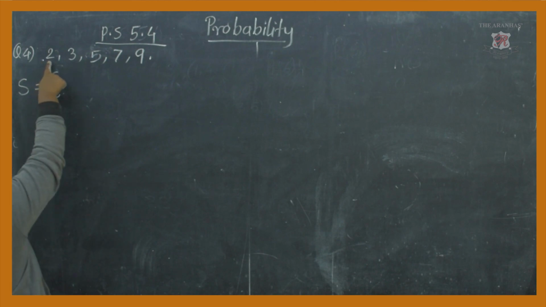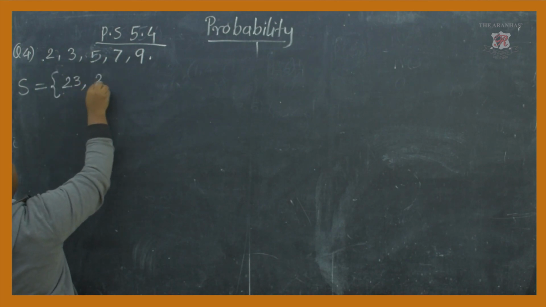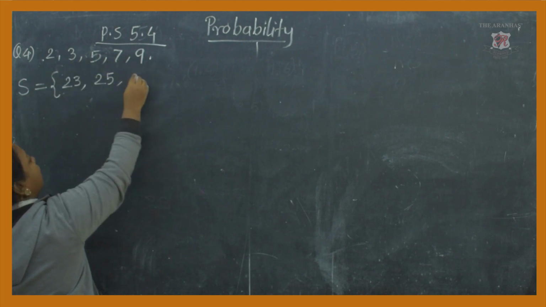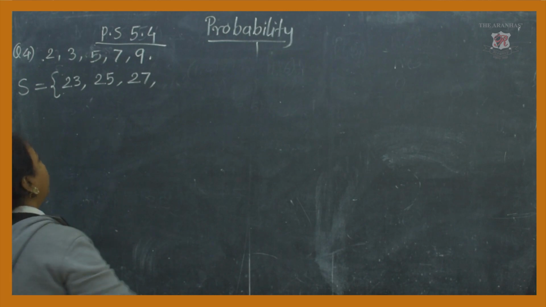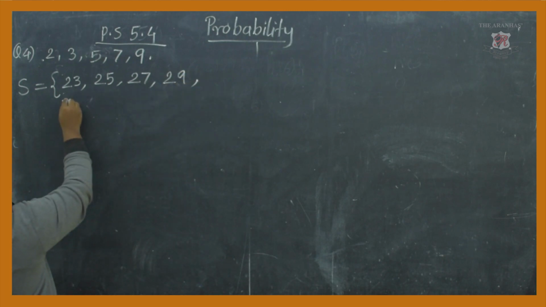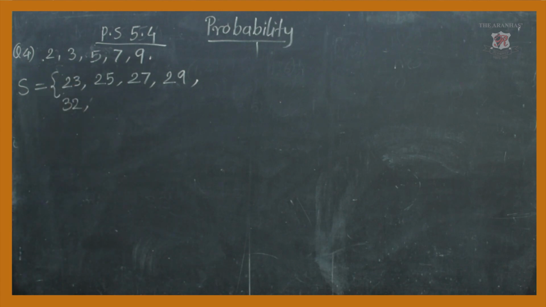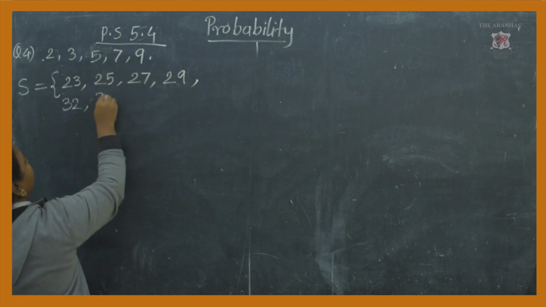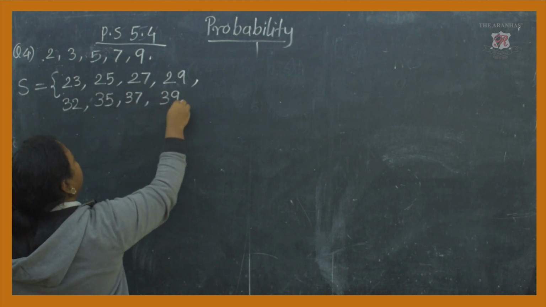So, sample space will be all 2-digit numbers without repetition. First number 23, then 25, 27. I explained in the earlier period how to make those numbers. Then 32, we cannot take 33 because that will repeat the digit again and repetition is not allowed. So, 32, 35, 37, 39.